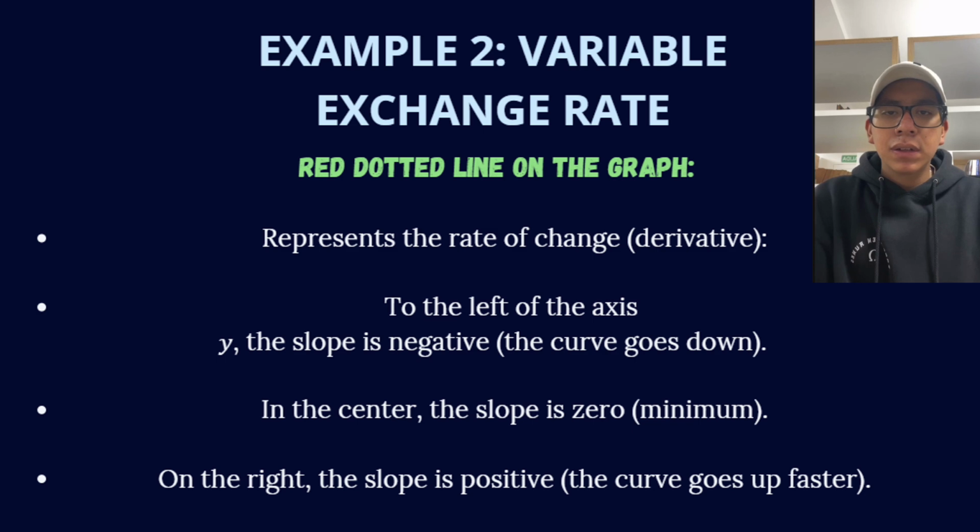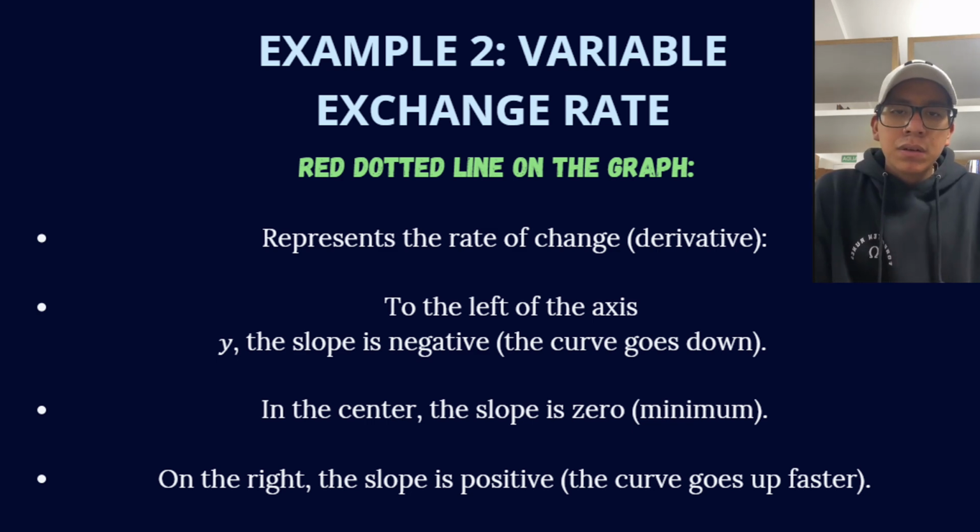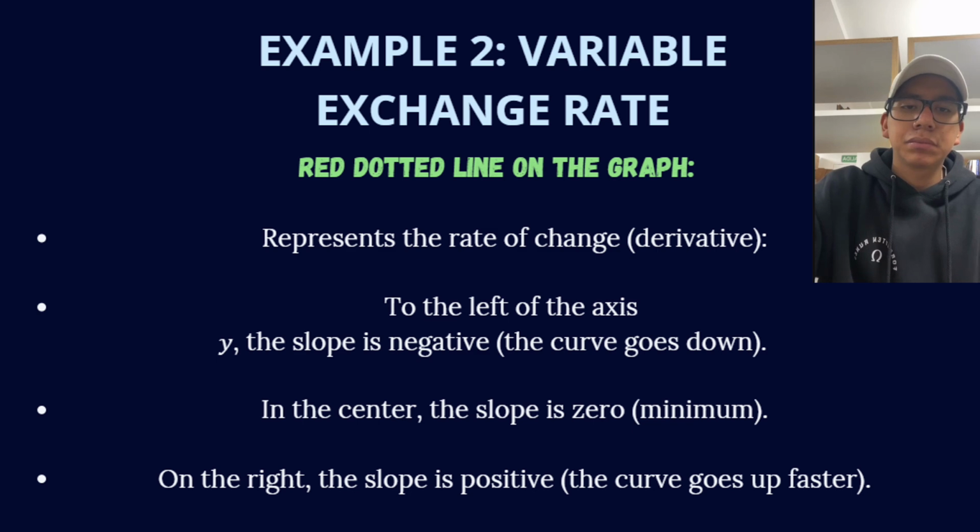Right of center it climbs above 0, meaning an upward slope. Overlaying the derivative on the graph makes it easy to see exactly where the function's behavior shifts.